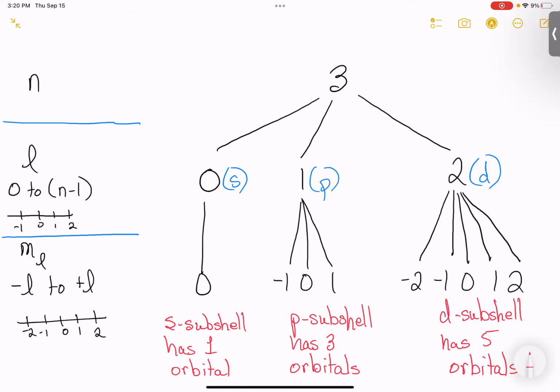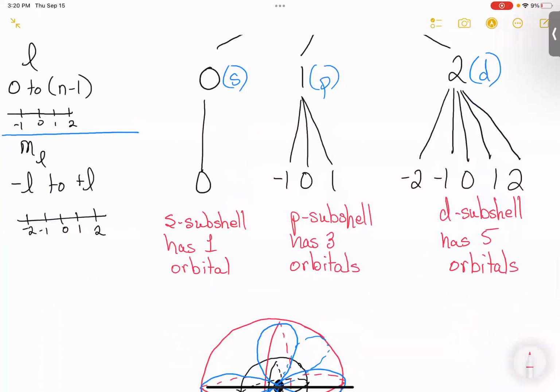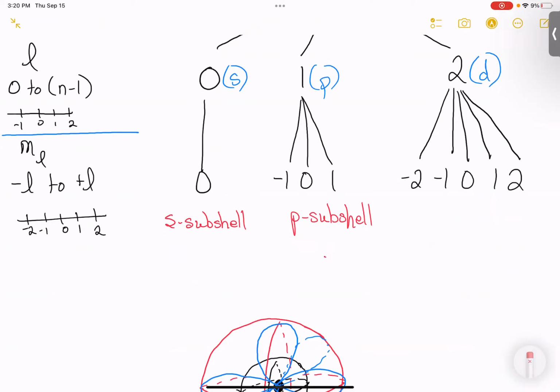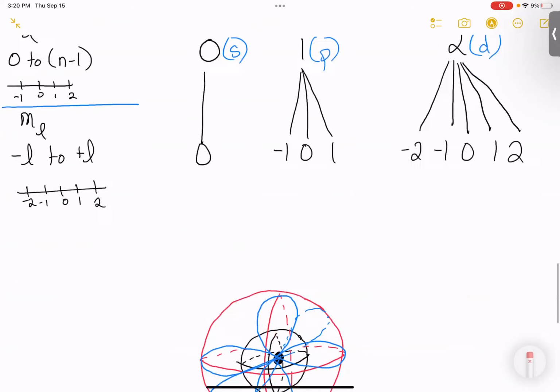And now there is one more quantum number, but it is a quantum number that was not part of the Schrodinger equation. The 4th quantum number is important when we get into multi-electron atoms.